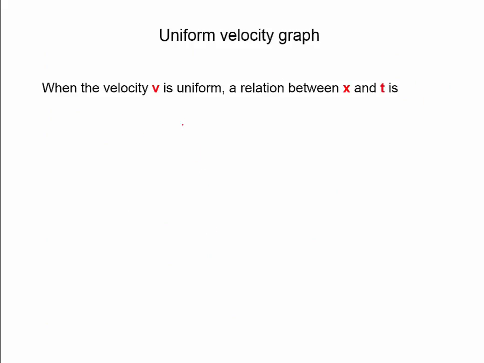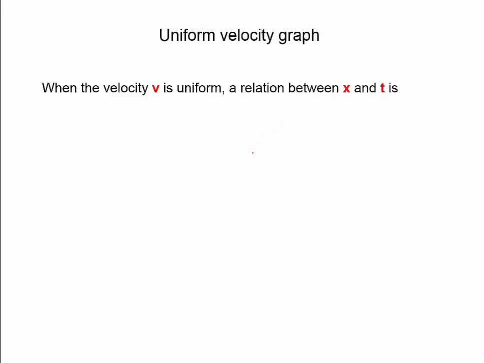Now, if the velocity is uniform, what does that mean? Velocity is uniform. The rate at which the displacement changes does not alter. If an object changes its position by 2 meters every second, we say the displacement occurs at a uniform rate. So if v is the uniform velocity, then the relation between x, what does x stand for?